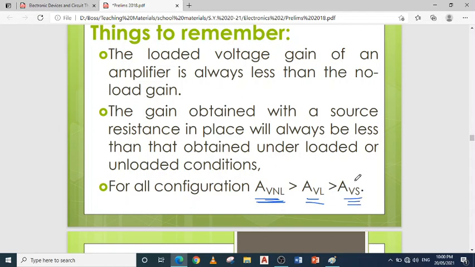Take note, guys, that ito dapat yung smallest sa kanila. This is the smallest gain, yung AVS. And then, si AVNL naman, siya yung highest. So, of course, in between yung AVL, yung may loaded resistance na.